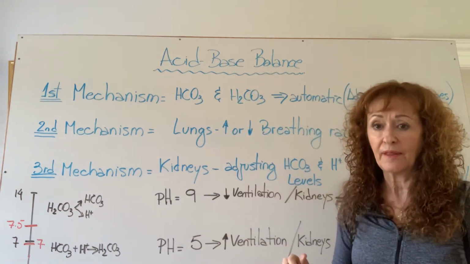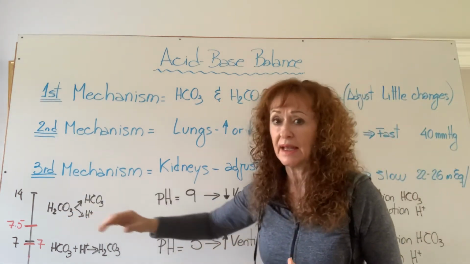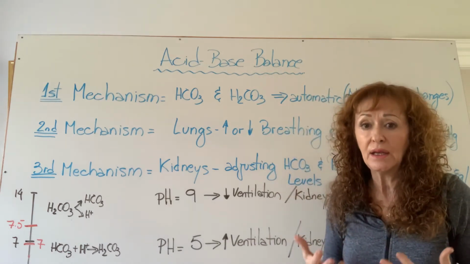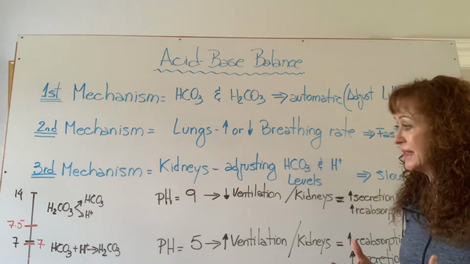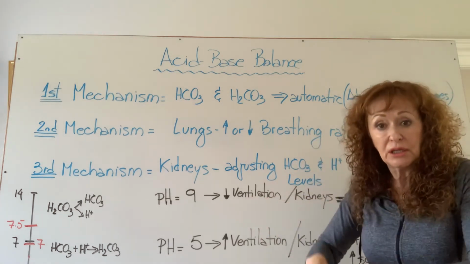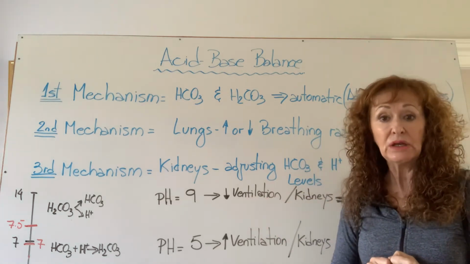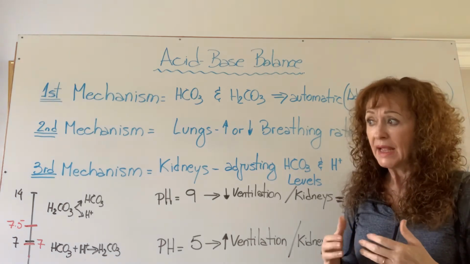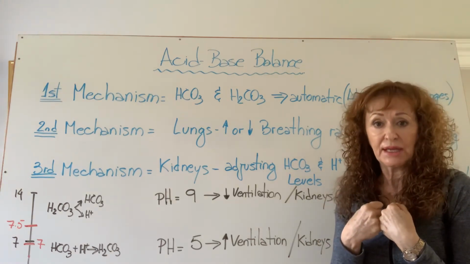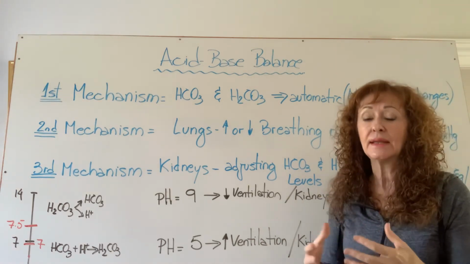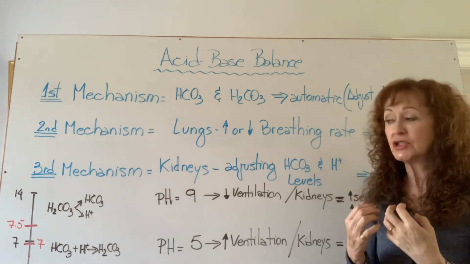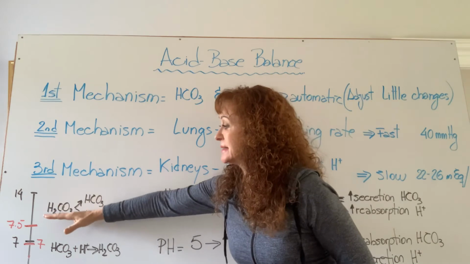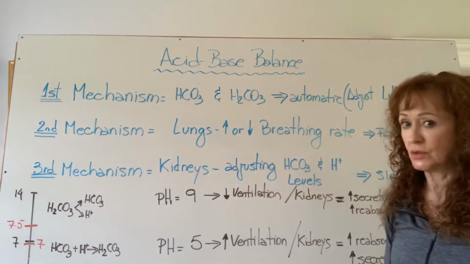What happens over there? On that side of the scale, we have a very low concentration of hydrogen. In this scenario, we need to decrease the breathing rate in order to retain more carbon dioxide. Reducing the breathing rate will retain more carbon dioxide, the hydrogen level increases, and we bring it back to normal.